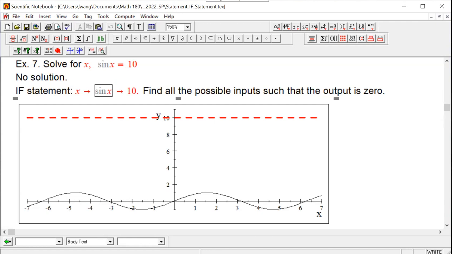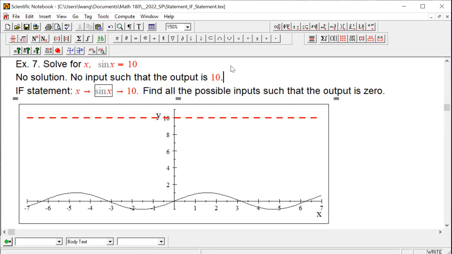No solution means what? There's no input such that the sine of that input is equal to 10. No input such that the output is 10. That's what it means.